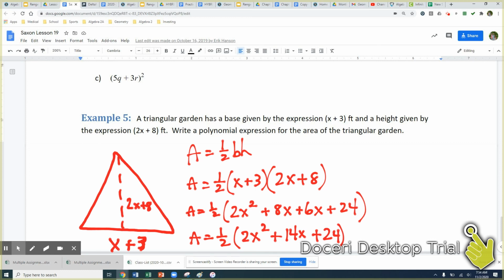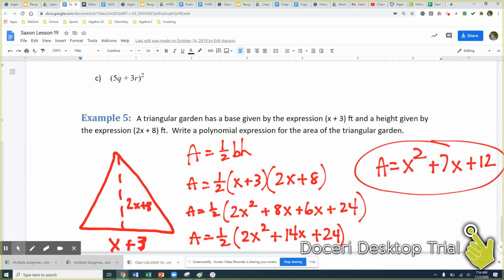I take half of 2, half of 14, and then half of 24. So my final area is x squared, half of 14 is 7x, half of 24 is 12. So there would be my last result: x squared plus 7x plus 12.